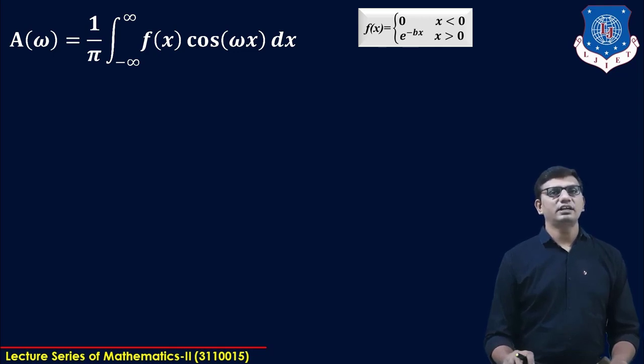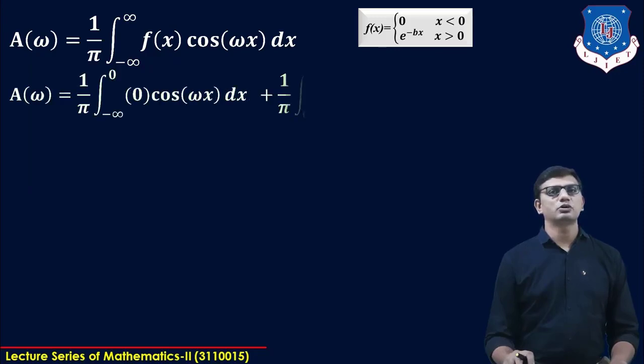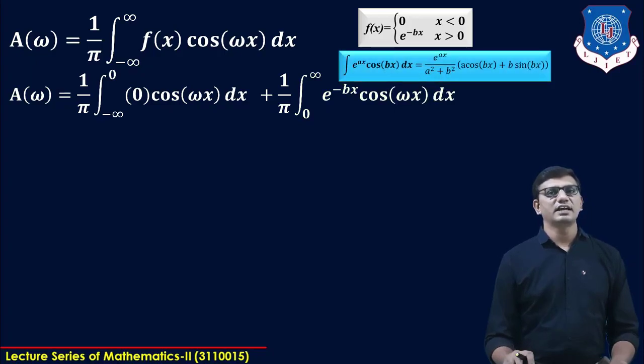Now we can write A(omega) as 1 upon pi integration minus infinity to 0 of 0 times cos omega x dx plus 1 upon pi integration 0 to infinity e raised to minus bx cos omega x dx. Now for the second integration we apply this integration formula: integral of e raised to ax cos bx is equal to e raised to ax upon a square plus b square into a cos bx plus b sin bx.